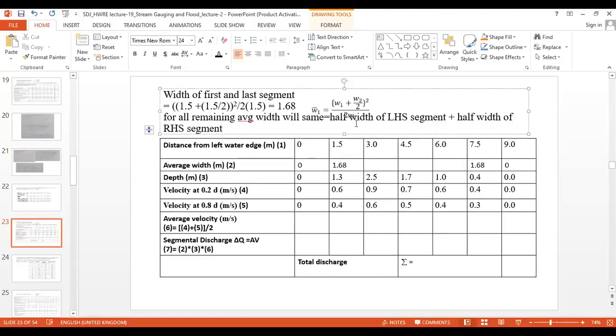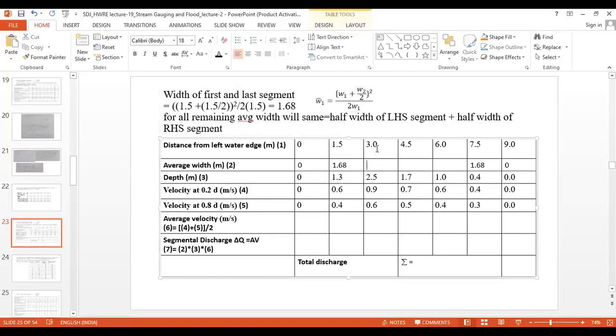Okay. So now I would like to take this formula. So this will be now for 3, left hand side width is 1.5. Clear? Because here is 1.5 and then 3 is there, means 1.5 is the width. Clear to the left hand side. Similarly to the right hand side also it is 1.5. So 1.5 is a half plus this 1.5 is a half, means one side it will be 1.5.